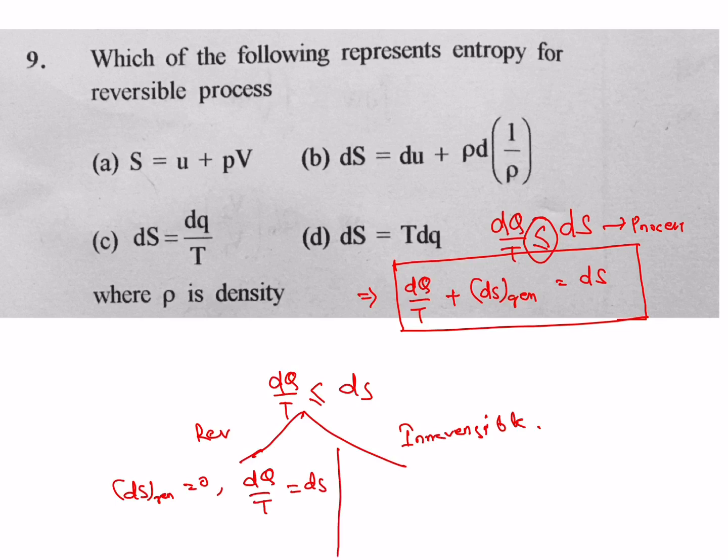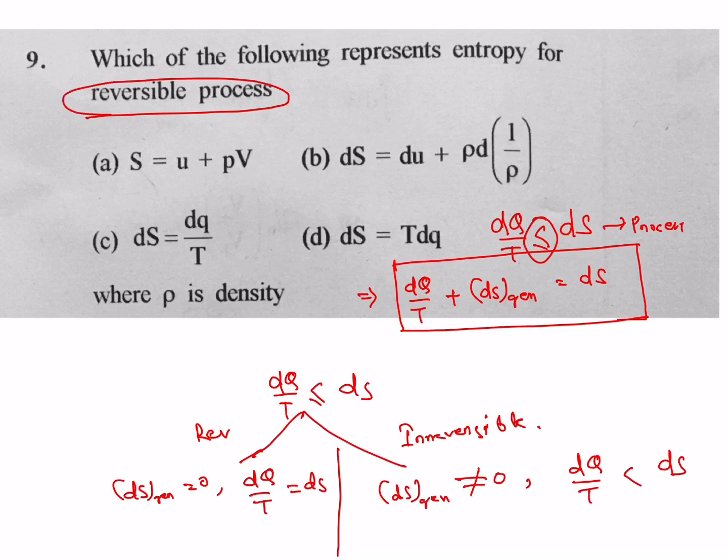And in case of irreversible, entropy generated is not equal to 0, so dq by T is less than ds. So from options we will check. This is a reversible process, so dq by T is equal to ds. From options we will check. C is your correct answer.